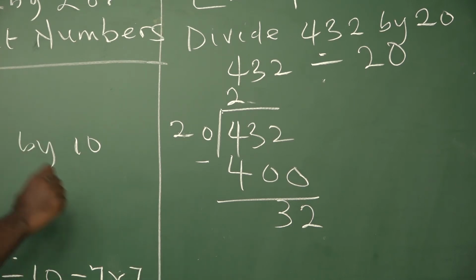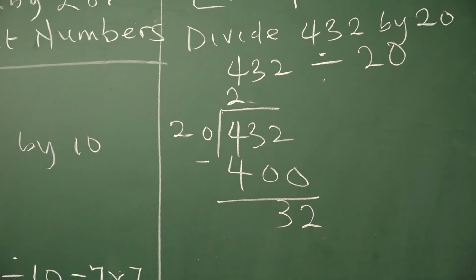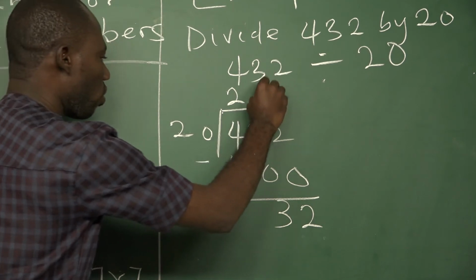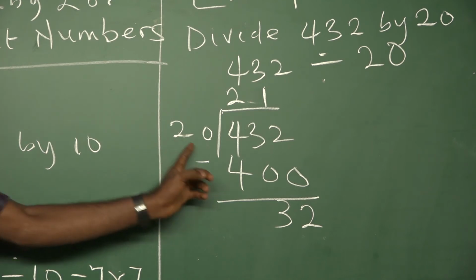It will go once, and then 20 into 32 will give us 1. Do we stop there? No, we'll have to conclude it. It has gone 1 time.